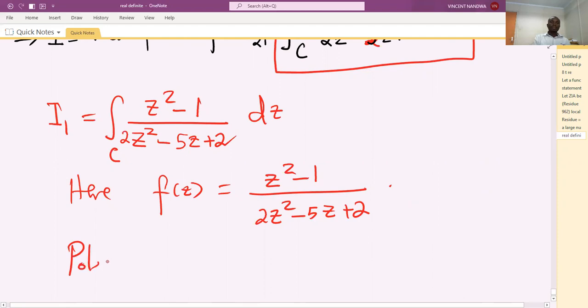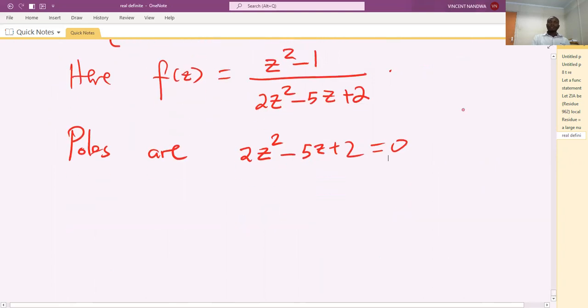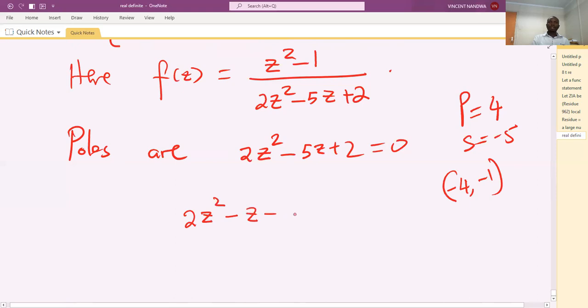Poles are the solutions of this denominator equated to 0. So here, let's say product is 4, sum minus 5. Are there numbers? Minus 4 and minus 1 work? Yes, they should. So 2z squared minus z minus 4z plus 2 equals 0.